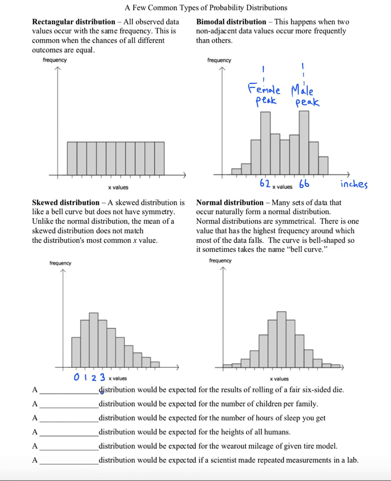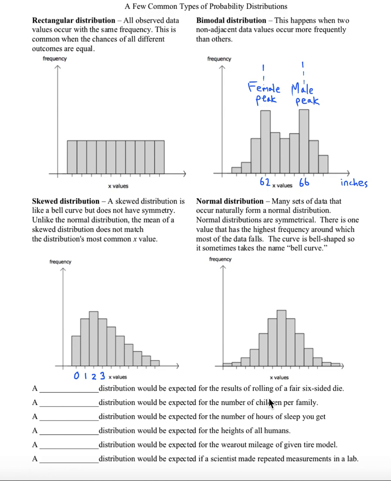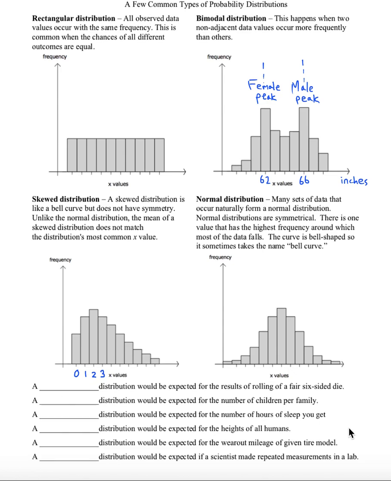I already answered the first one. The results of rolling a fair 6-sided die an infinite number of times would be expected to be rectangular. The results we expect to get from rolling a fair 6-sided die a large number of times would be a rectangular distribution. It's because the outcomes on a fair 6-sided die are equally likely to occur.